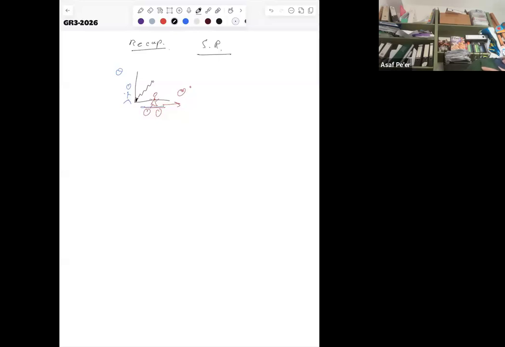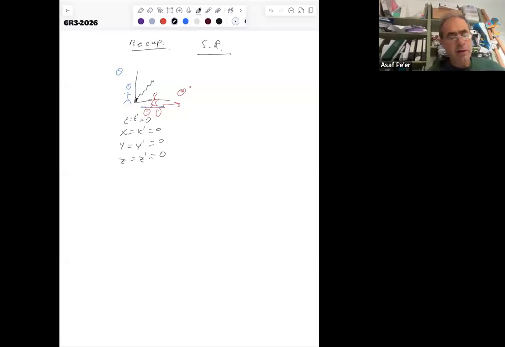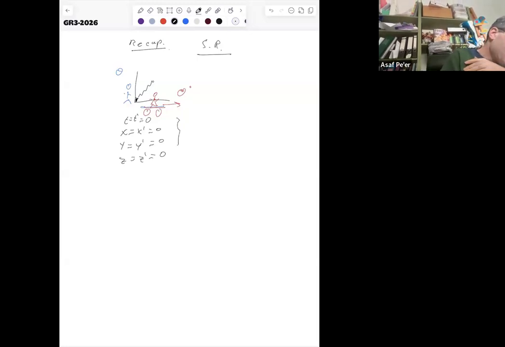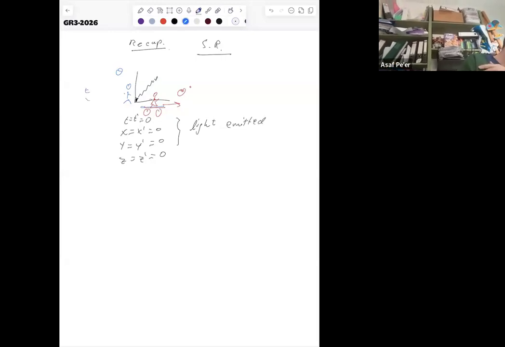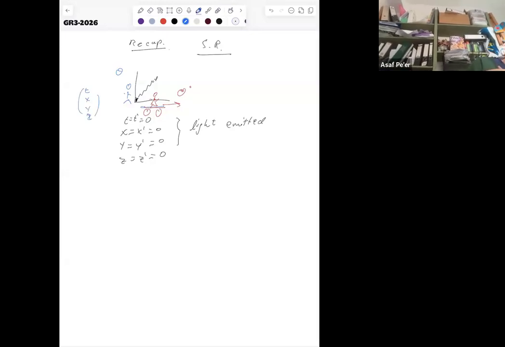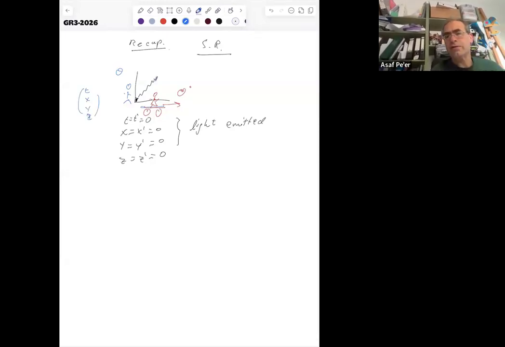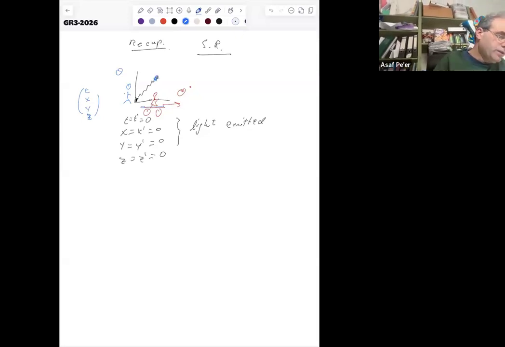So event number one, at t equal t prime equal to 0, x equal x prime, y equal y prime equal to 0, z equal z prime equal to 0: crest of light emitted. And then at time t, x, y, z, the crest of light was at this point.